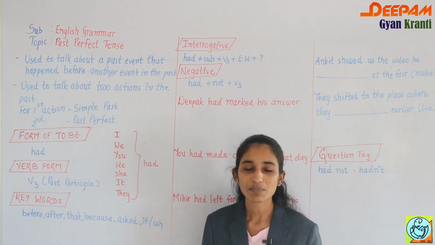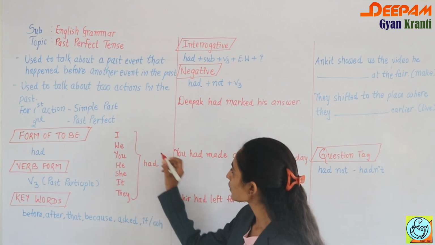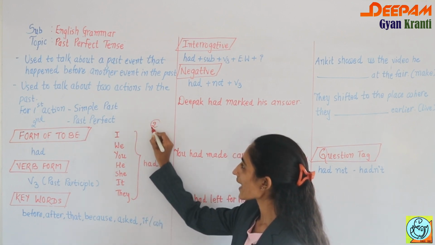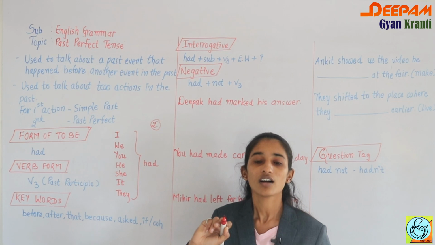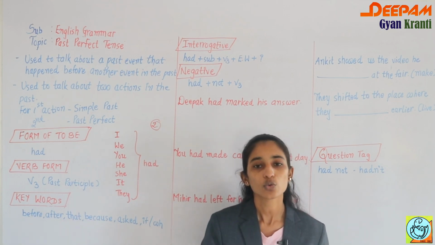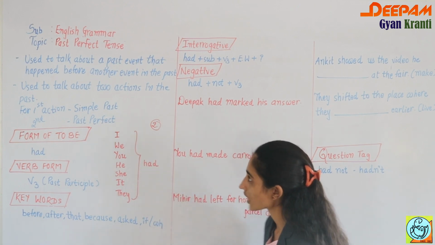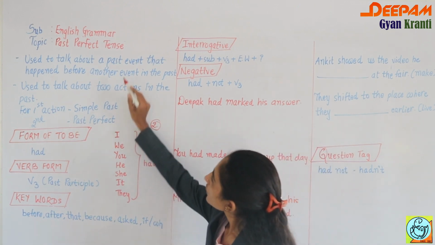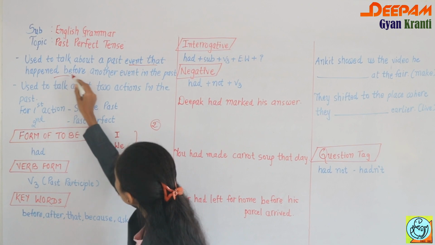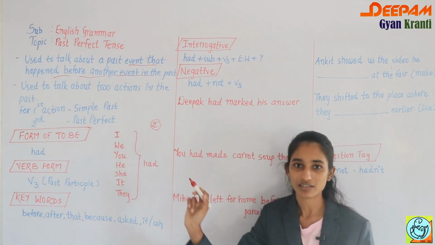First of all, let me tell you one thing: here you have two actions and both actions occurred in the past. Two actions are there and both occurred in the past. So let's check. It is used to talk about a past event that happened before another event in the past.